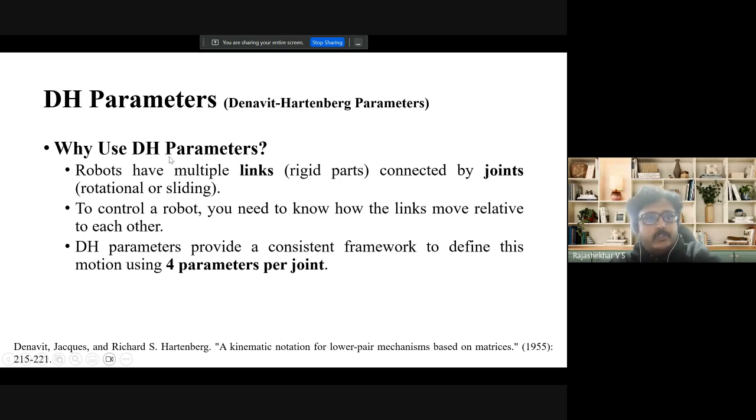Why use DH parameters? Robots have multiple links connected by joints. To control a robot, you need to know how the links move relative to each other, and DH parameters provide a consistent framework to define this using 4 parameters per joint. There are 6 degrees of freedom, but you need just 4 parameters per joint to determine the position.